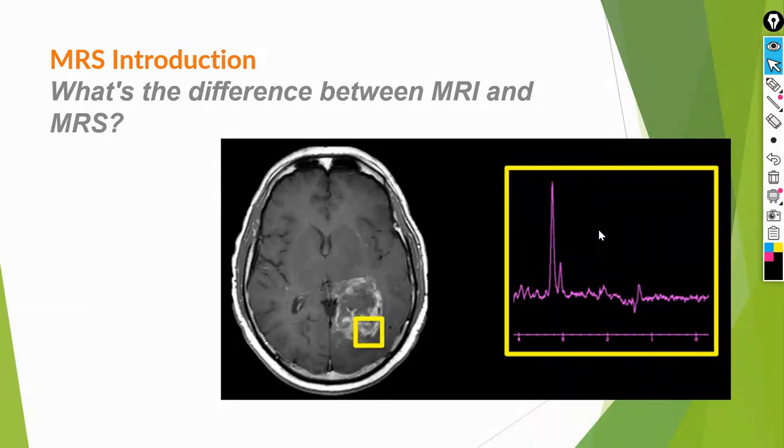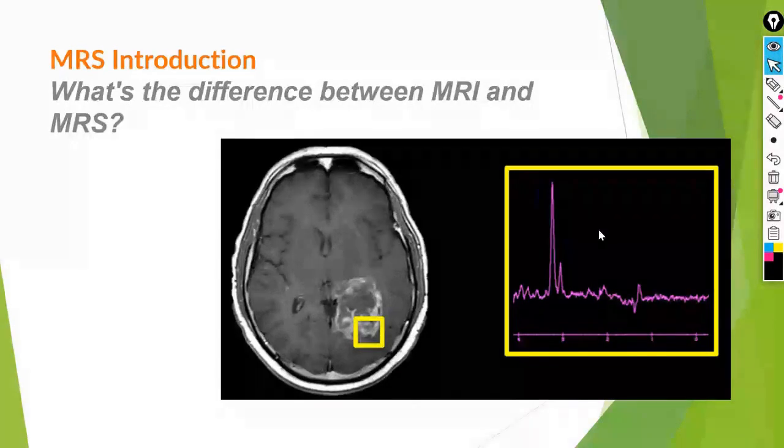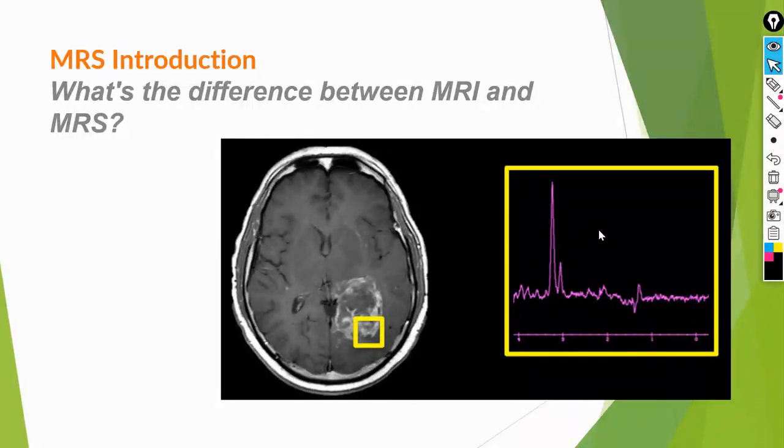So, how do I do this? I want to obtain information about the metabolites inside. Understanding this is crucial. I want to get my signal from this metabolite. Not just that. Water is the most significant thing giving me a signal.